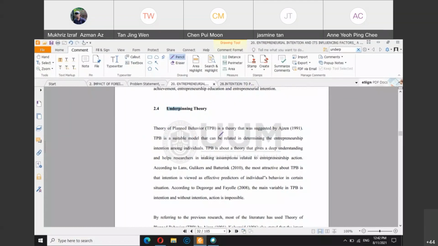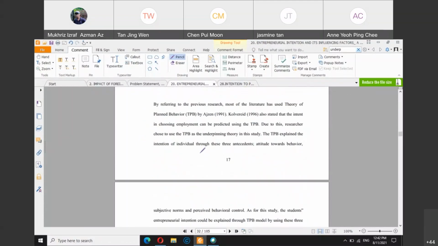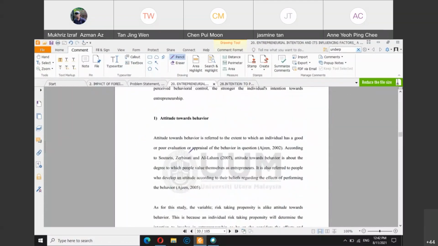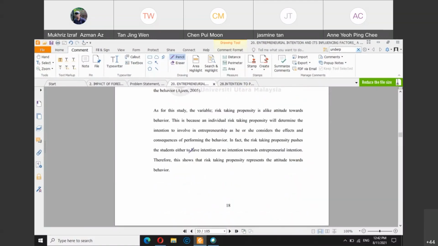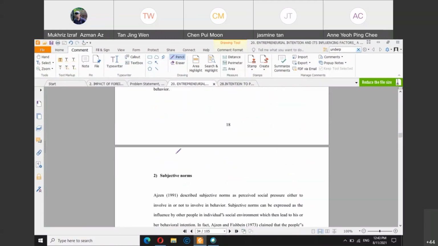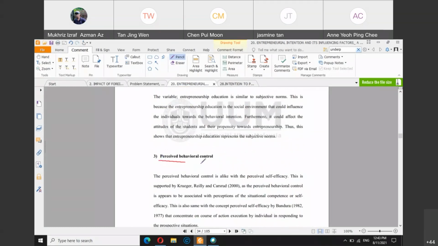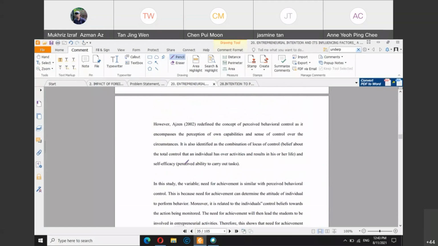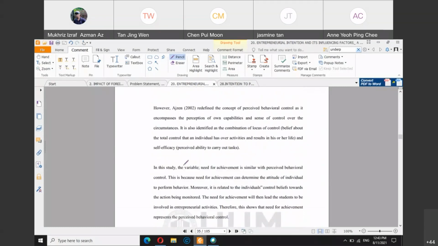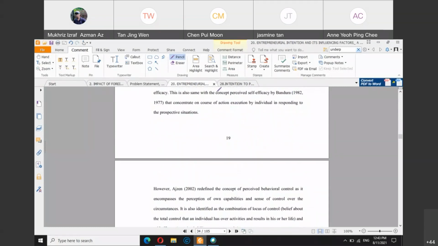This is the theory you need to use to investigate the factors that can influence the intention to do entrepreneurship or to buy, such as subjective norm and perceived behavioral control. So this is a standard theory that people will use whenever you are doing a topic on intention.